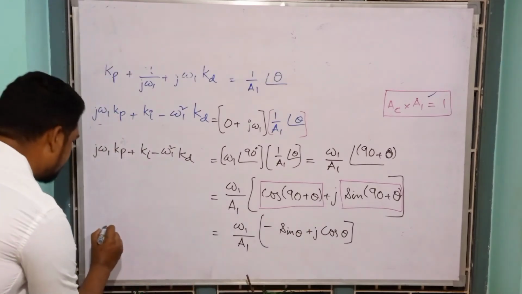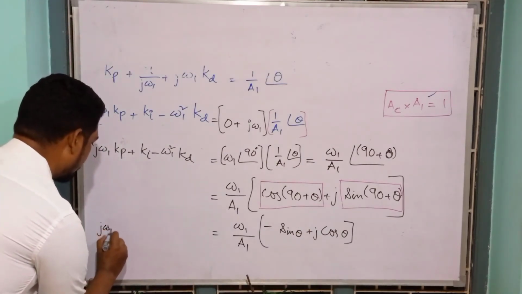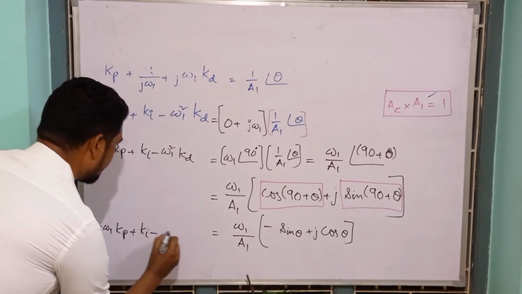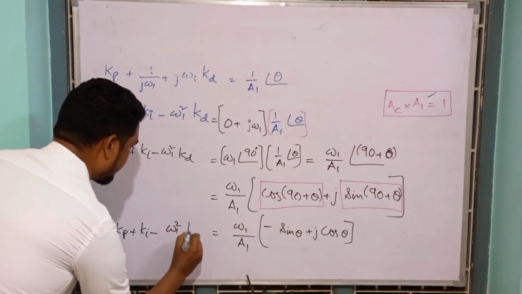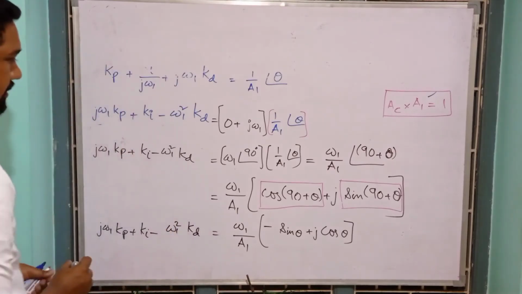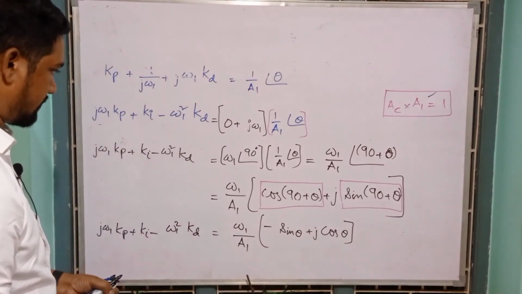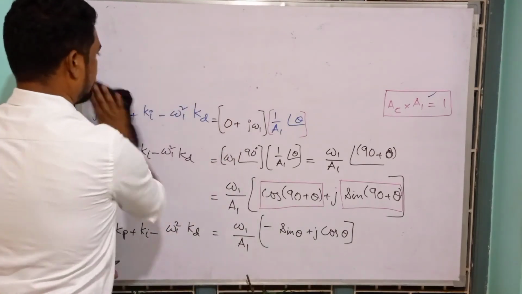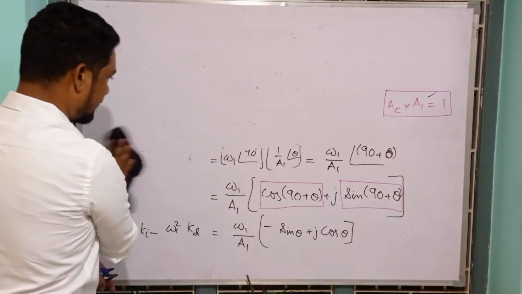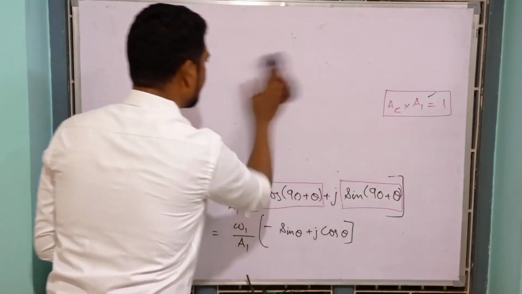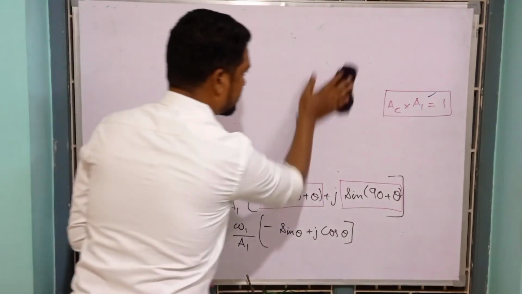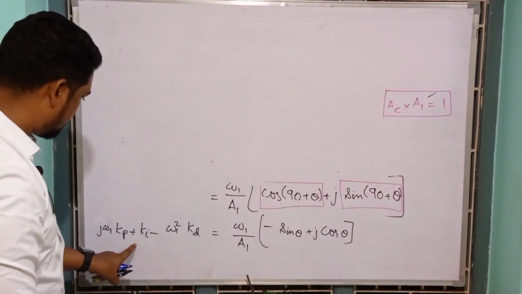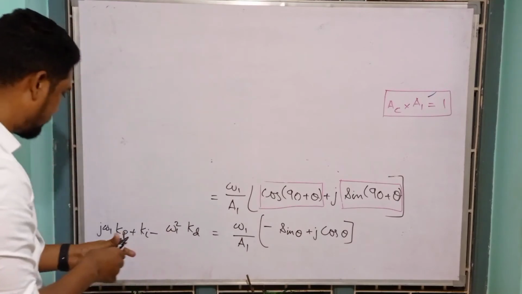Over here we have j omega 1 kp plus ki minus omega 1 square kd on this side, right? So this is the expression, and we are almost there, guys. We have real and imaginary terms on either side of this equation. So equating that, what do we have?